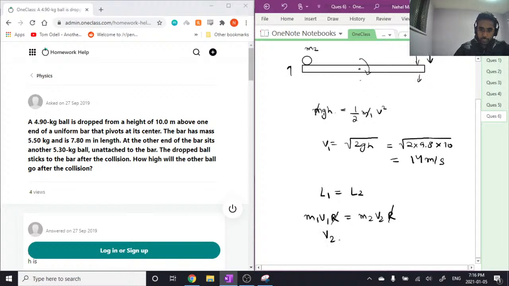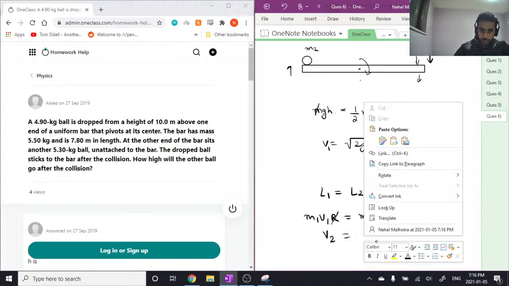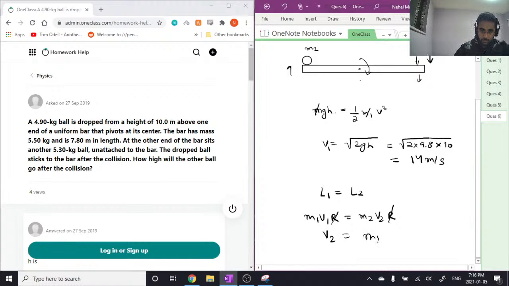So we will get v2 equals m1 over m2 times v1, which is equal to 4.9 over 5.5 times 14.